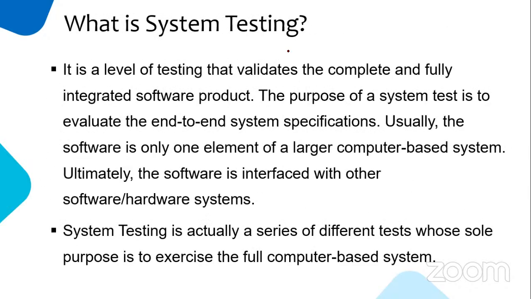System testing is a level of testing that validates the complete and fully integrated software product end to end. Everything is going to be tested. It's not just the application. For example, you are going to test Flipkart itself. Flipkart means many things happen.